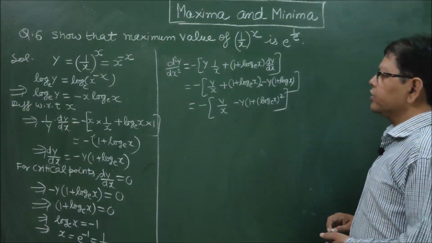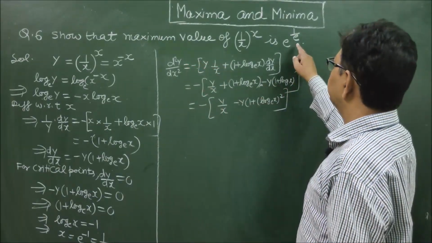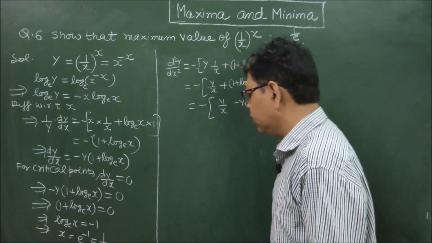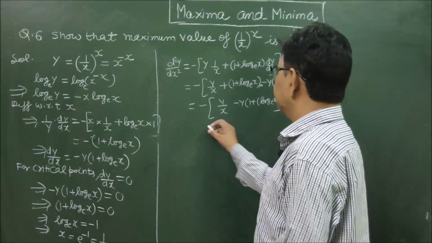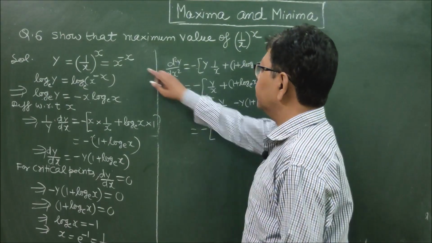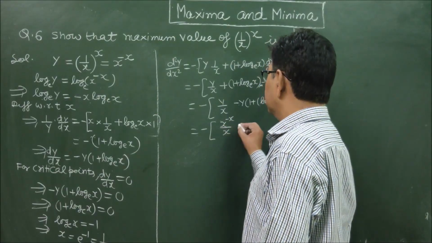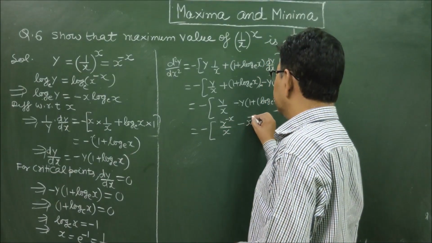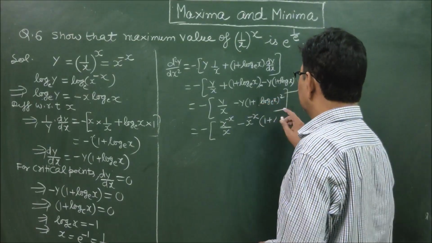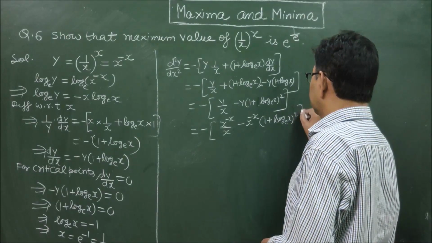Now we will check the sign of the second derivative at the point we have calculated, e to the power minus 1, or 1 upon e. Minus y is equal to x raised to the power minus x upon x, minus y is again x raised to the power minus x, (1 plus log x) whole square.